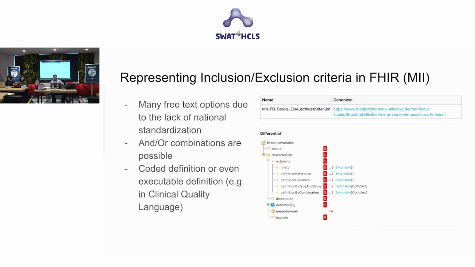Just as a side comment, when we started the Medical Informatics Initiative, there were 4 consortia, and none of them was built on FHIR. So one was using openEHR archetypes, one was using clinical document architecture and IHE, one was using OMOP, and one i2b2.